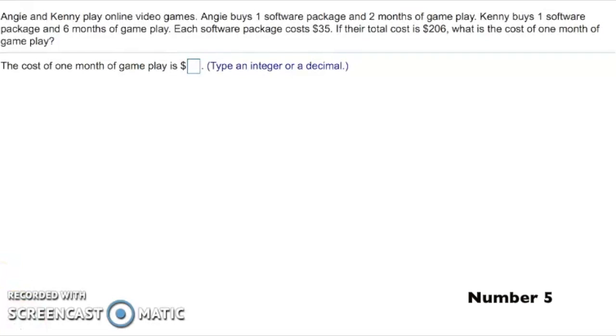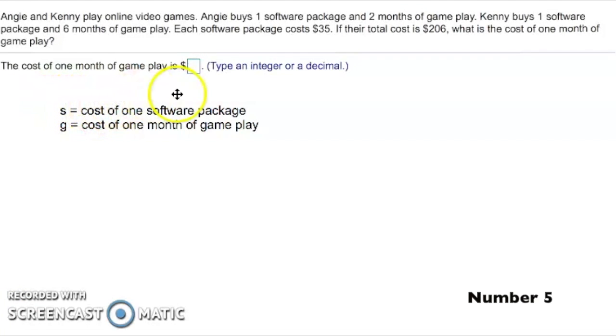The first thing we need to do is establish our variables. Let's have S equaling the cost of one software package and G equaling the cost of 1 month of gameplay. Now we need to create two expressions representing Angie's and Kenny's purchases.